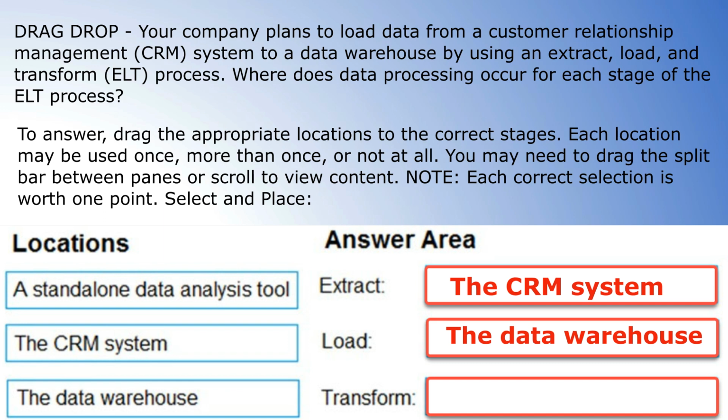In the transform stage of the ELT process, data analysis operations including filtering, sorting, aggregating, joining data, cleaning data, deduplicating and validating data are performed. Therefore, the correct location for the transform stage is a standalone data analysis tool.